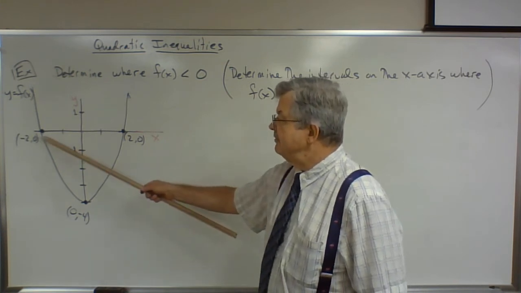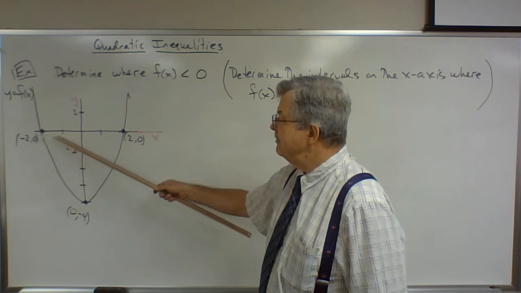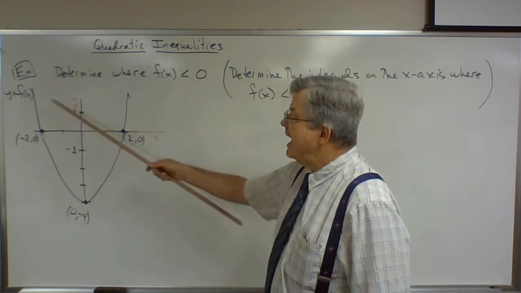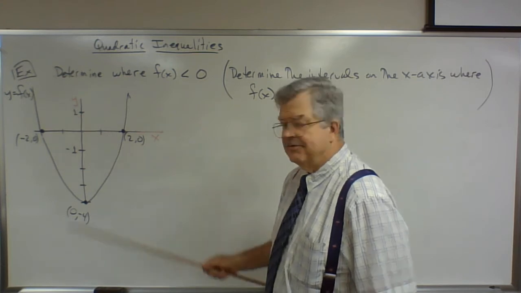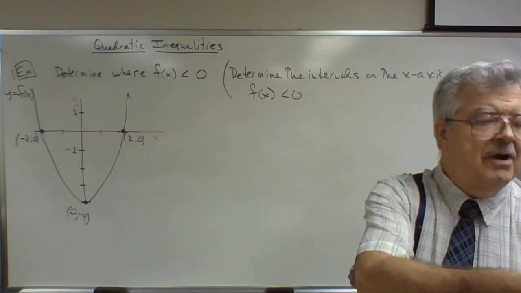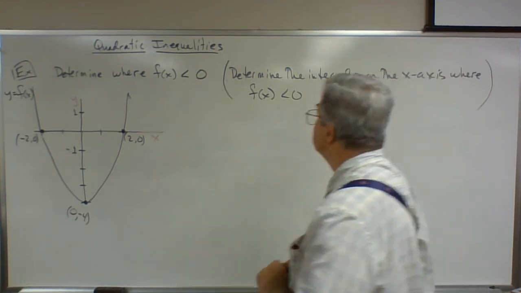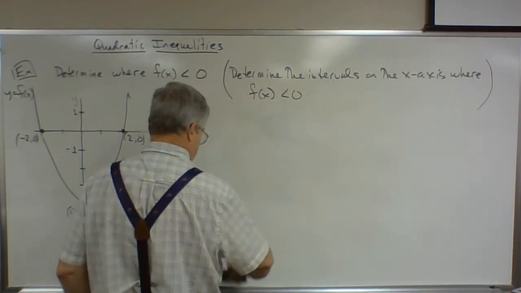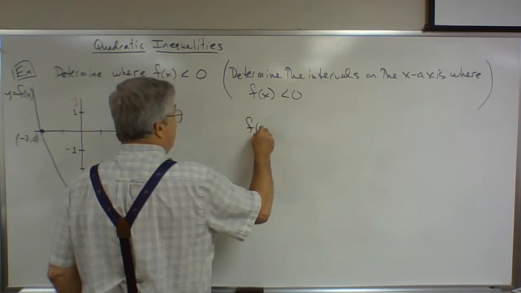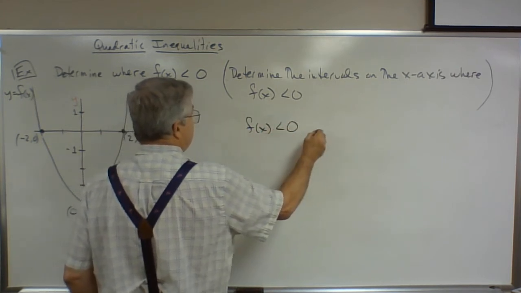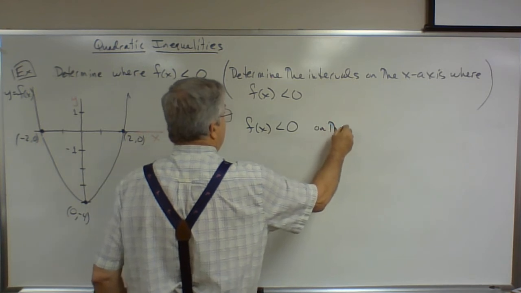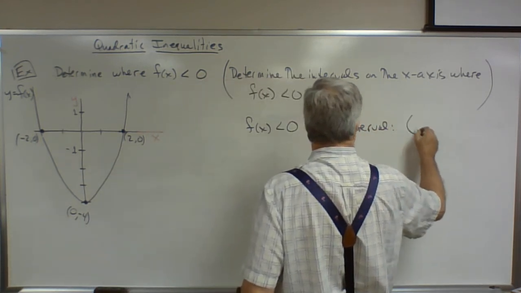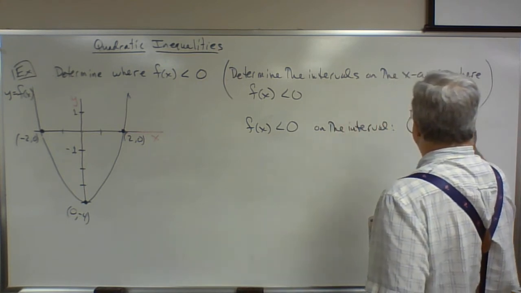So throughout this entire interval, from negative 2 to positive 2 on the x-axis, f of x or y is negative. So here's my answer. F of x is less than 0 on the interval negative 2, positive 2.